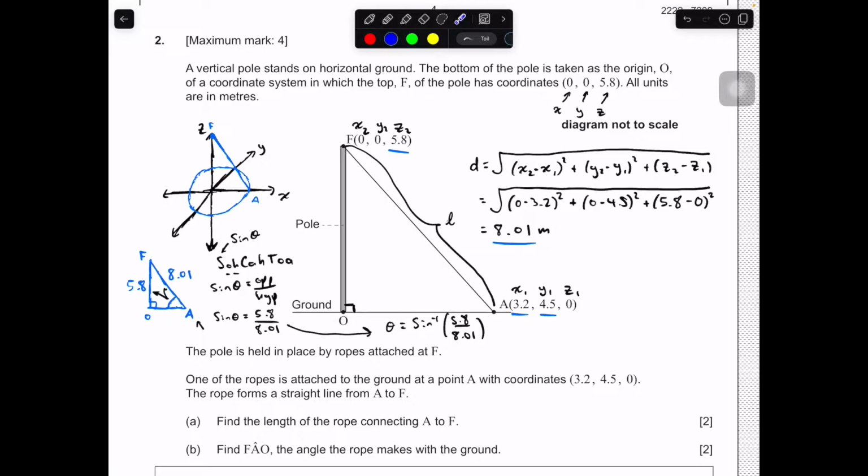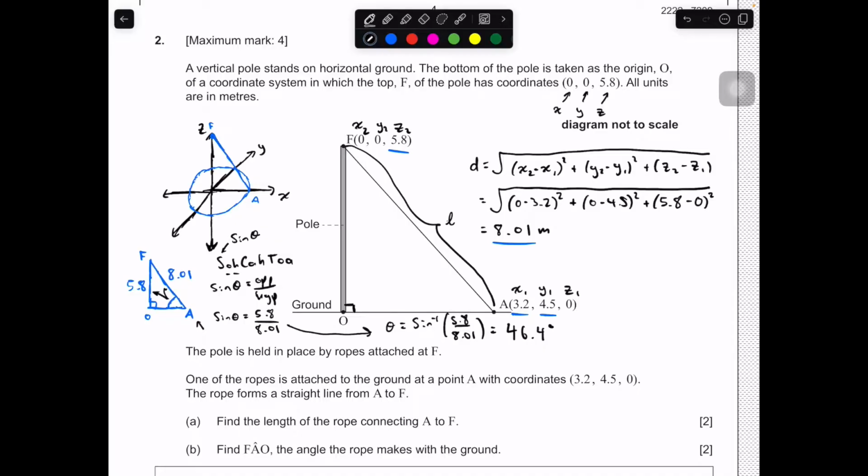Just make sure you are in degrees, of course. So 5.8 divided by 8.01, and this is going to give us a value of 46.39 or 46.4 degrees.